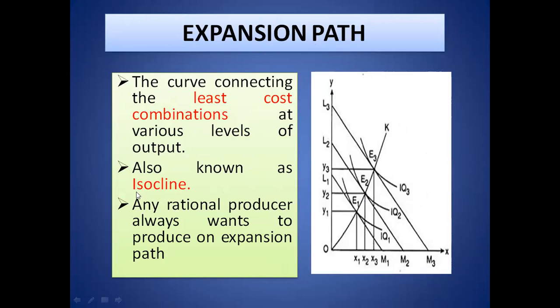It is also called an isocline. Any rational producer always wants to produce on the expansion path. If you are a rational producer, you should definitely produce on this line. Okay, got it? The expansion path is the connecting line of all the least cost combination points.